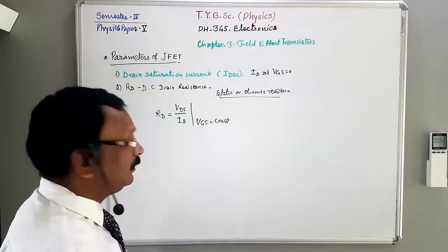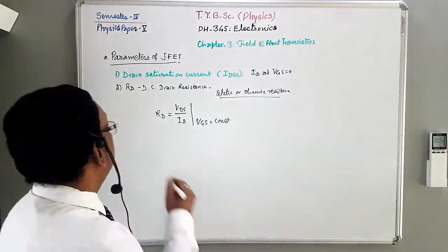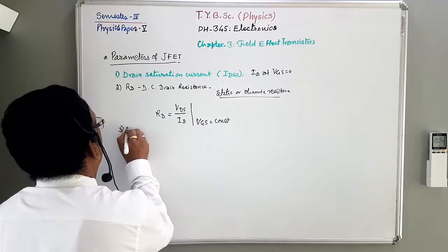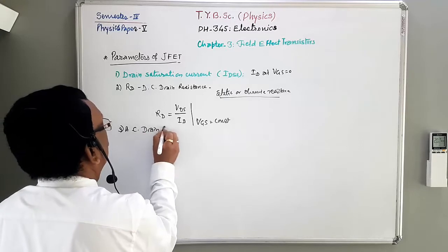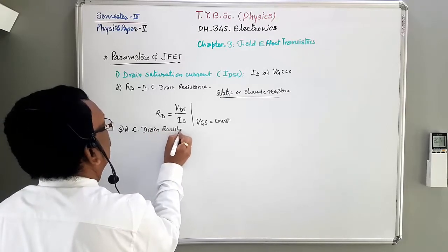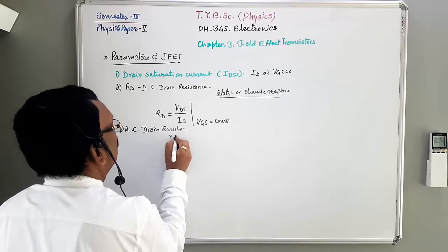Now third one is AC drain resistance, that is small rd.